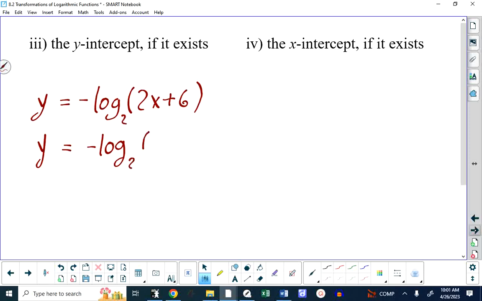Log base 2 of 2 times 0 plus 6. So the y-intercept is the negative logarithm base 2 logarithm of 6. Some number. Let's just leave that alone for the time being. The x-intercept, even though we can read it on the graph, is where we change y to 0.